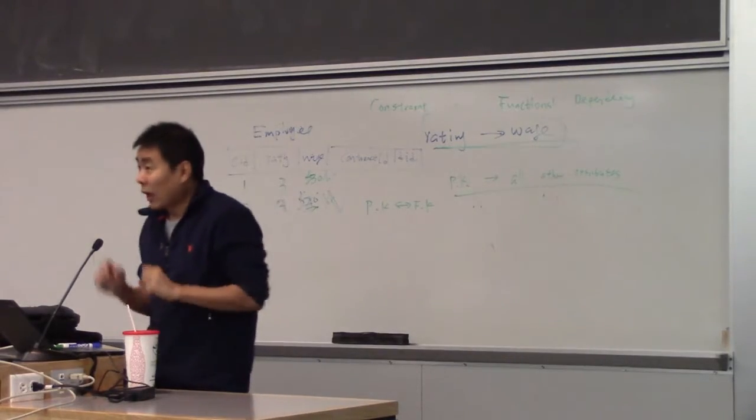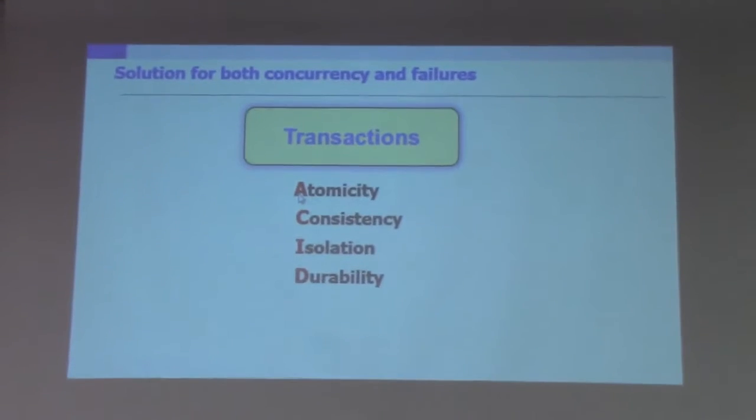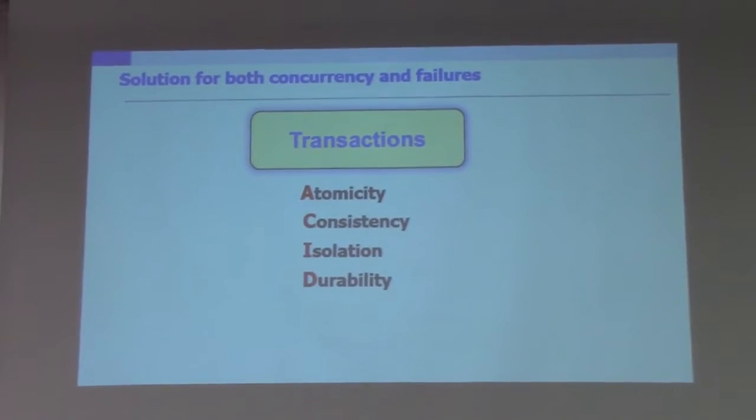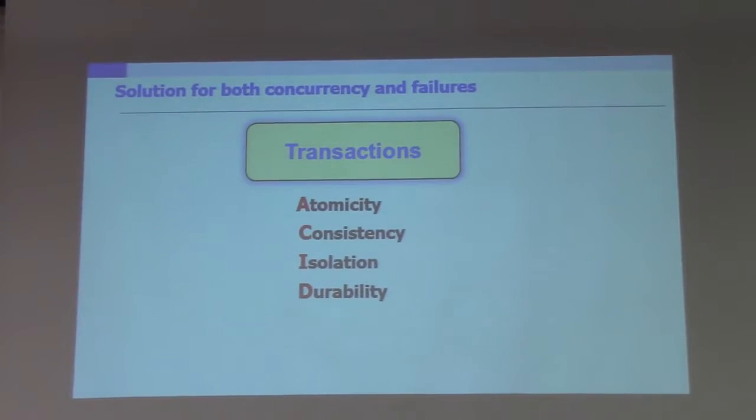Okay? So what I want to do next is focus on discussing the other properties. How does a database kernel ensure the other properties? In particular, I will start with isolation. And then I will talk about how to do atomicity and durability in another slide.